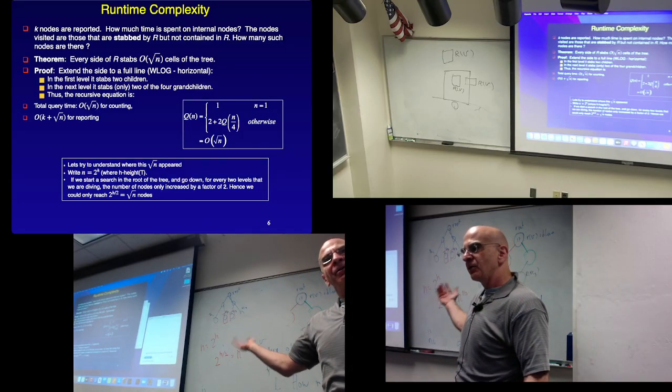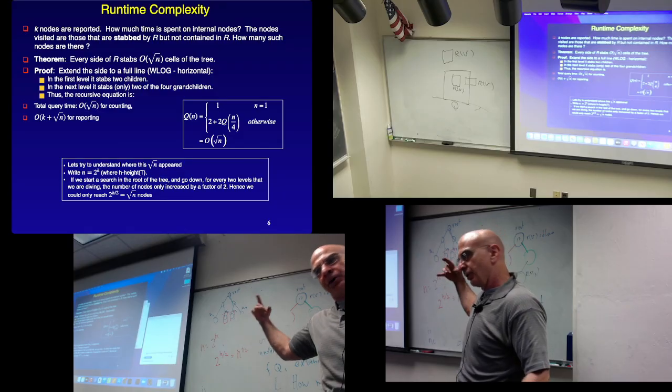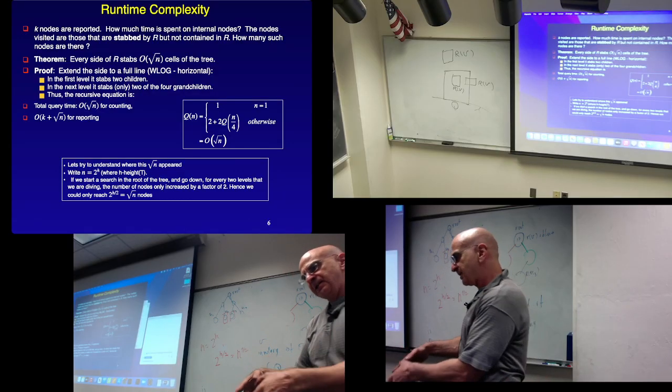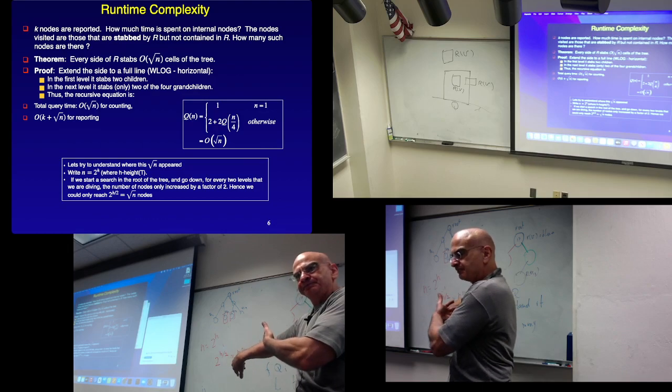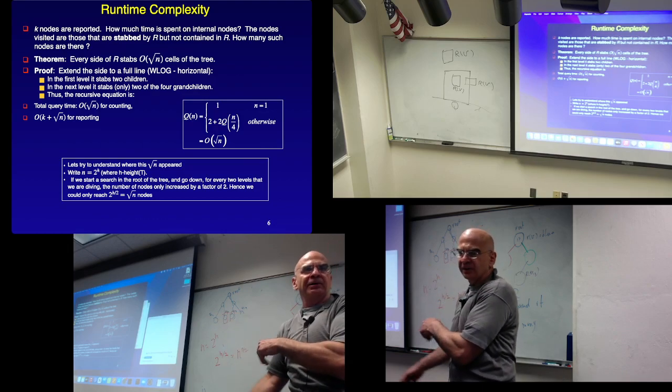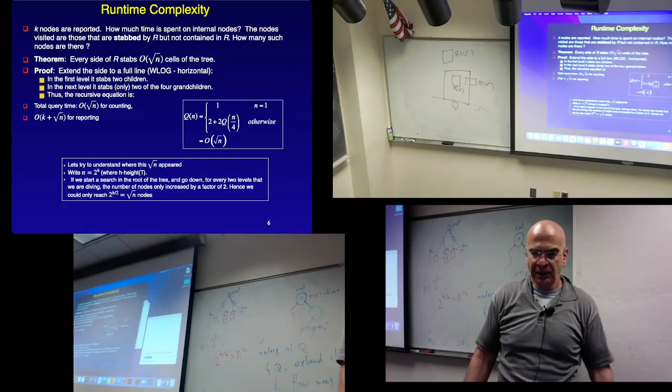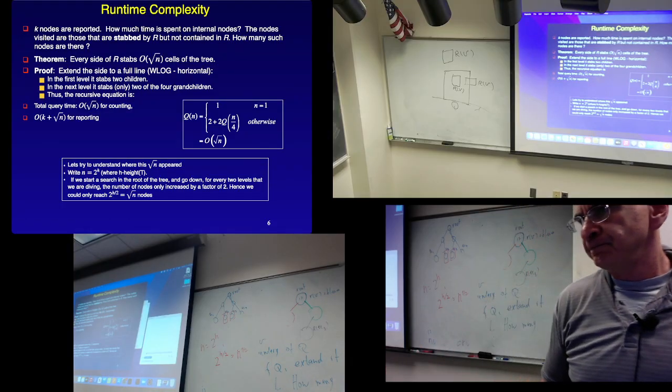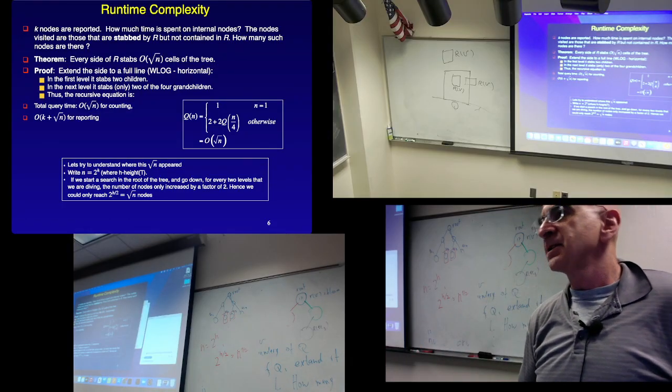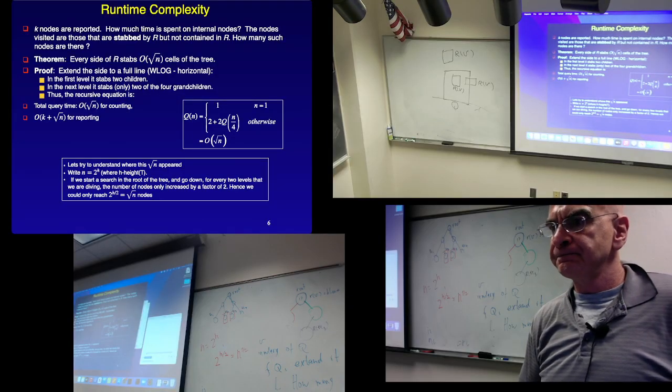And every other node is somehow counted. You're visiting it, you don't need to branch into it. You see this node, and you reject it immediately. It doesn't cross the boundary of the query region, so you just visit the node, and either report all of it, or just add it to the general count.